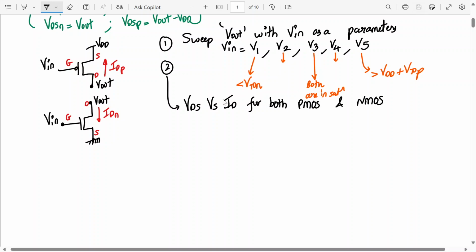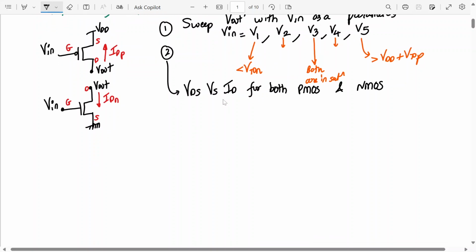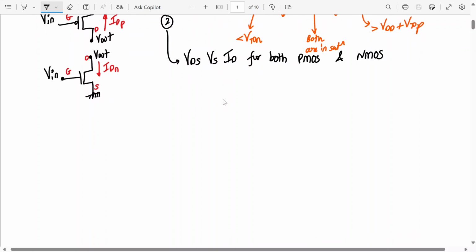That will make up the CMOS transistor. Alright, so let's plot them together now.